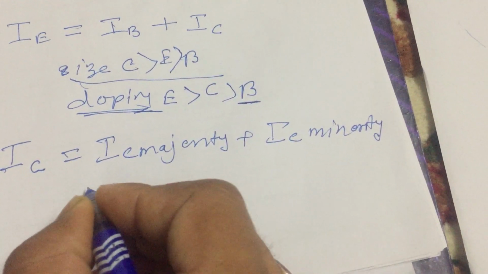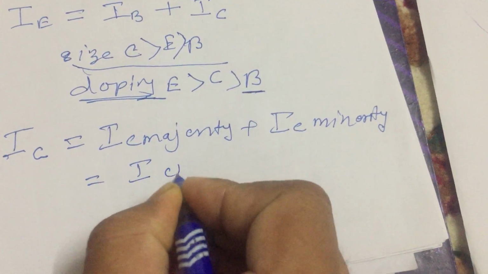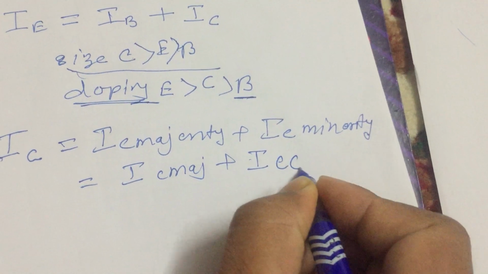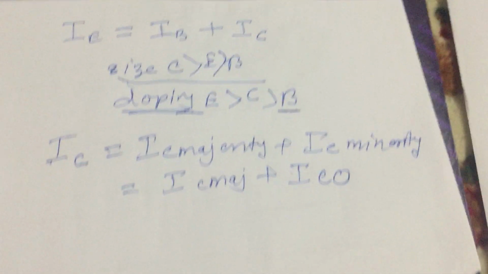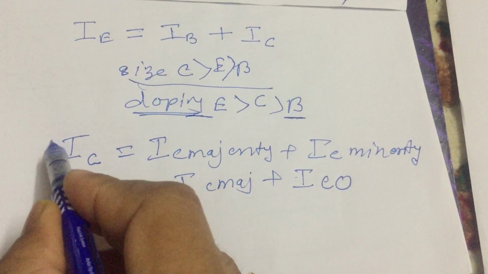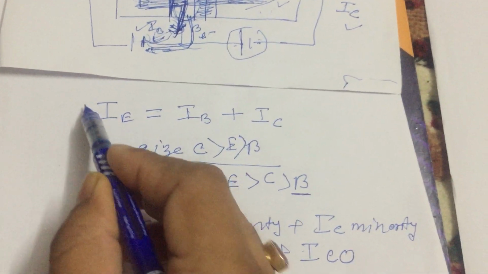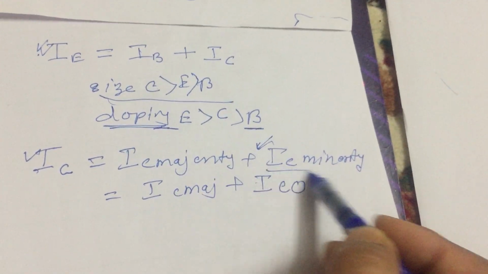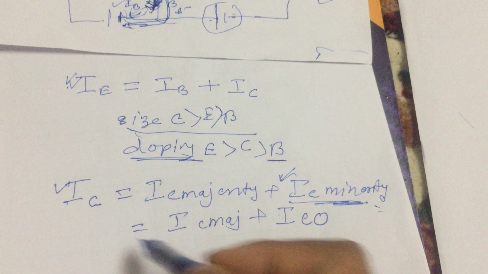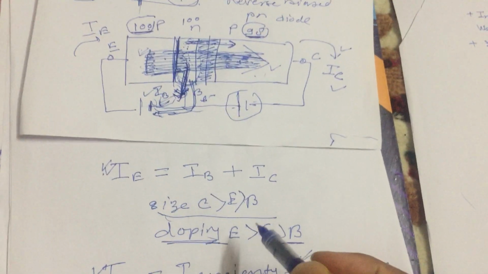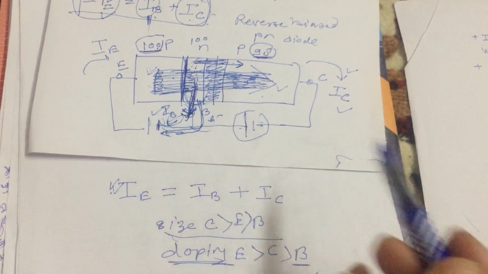This is IC minority. So IC majority plus IC minority, we denote by IC. The minority part, ICO, is the leakage current. The total current is IC majority plus this. This is the majority current and this is the minority current, the leakage current. So this is all about the current, and it is the operation of transistors.